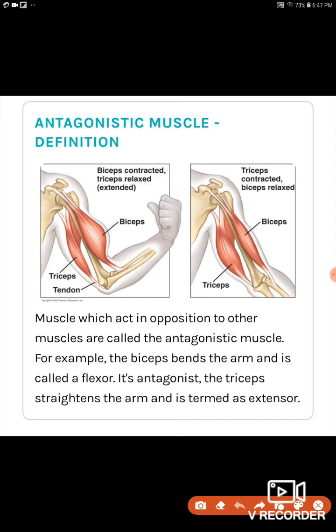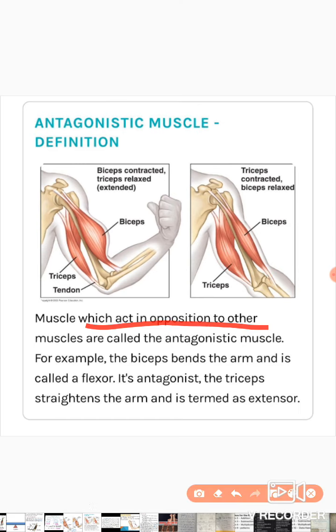But at the same time the triceps muscle will not contract, it will be relaxed. Opposite to it, when we straighten our arm, what will happen? The biceps muscle will be relaxed, but the triceps muscle will be contracted. So here you can see both the muscles are acting opposite to each other.